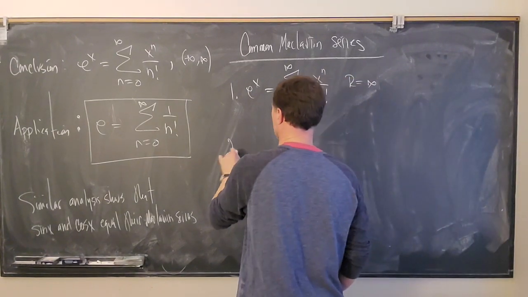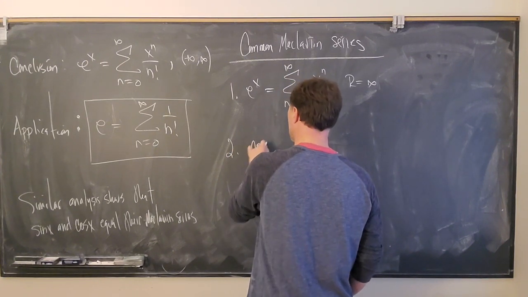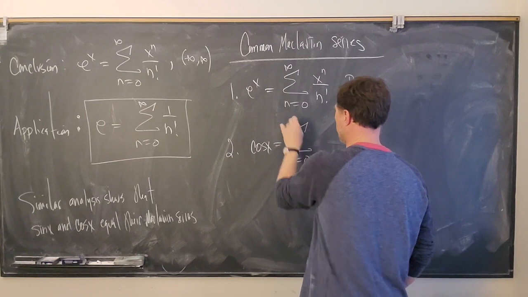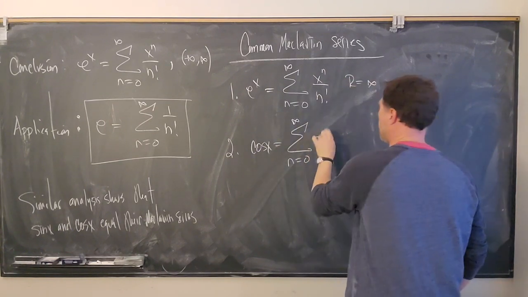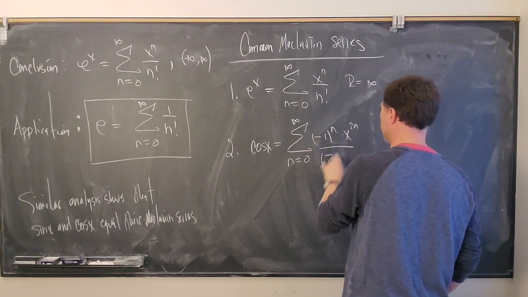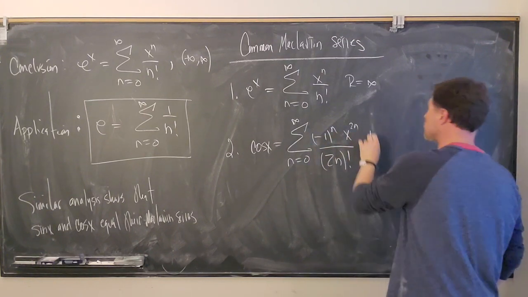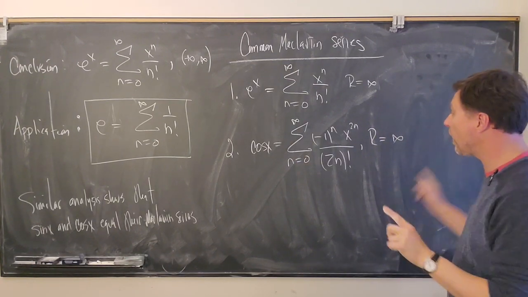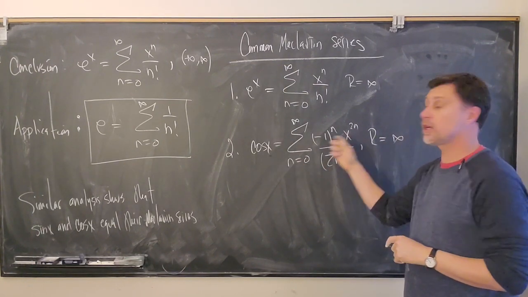Second one, let's do cosine. So cosine of x is equal to its Maclaurin series, sum n equals 0 to infinity, minus 1 to the n, x to the 2n, over 2n factorial, also with a radius of infinity. That means that for all x values, plug it in here, you get equality.